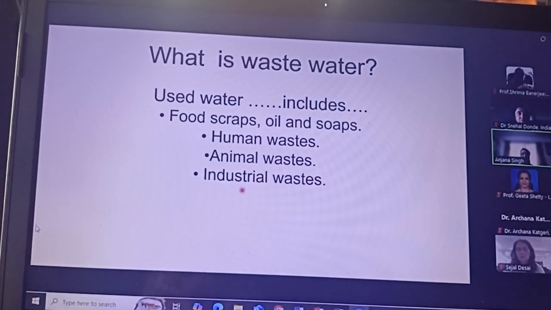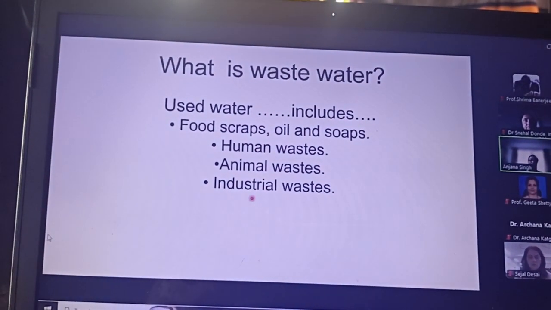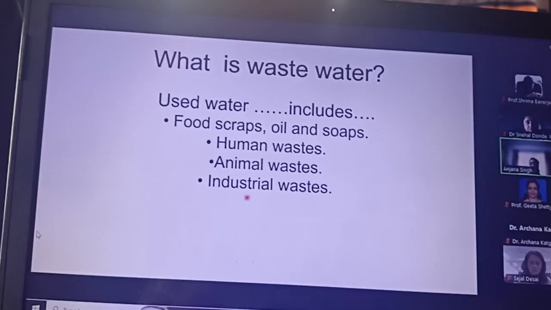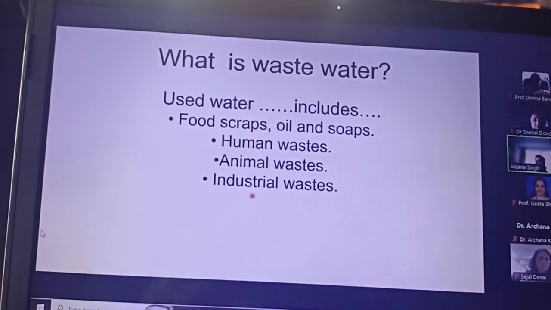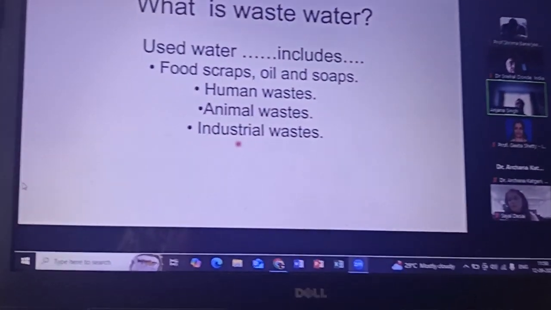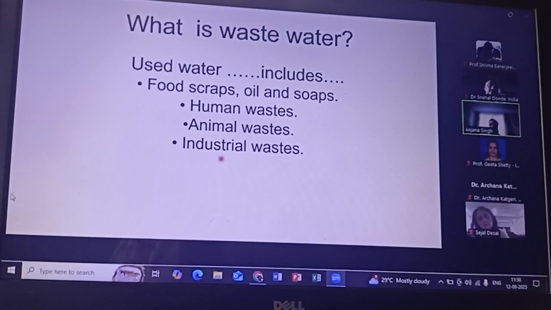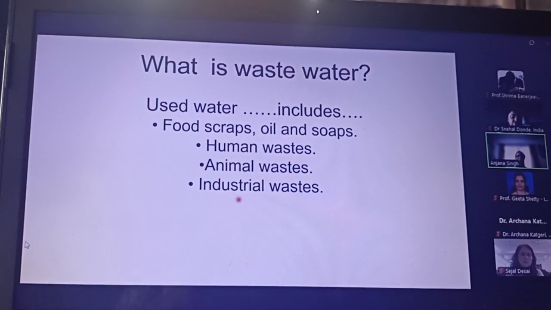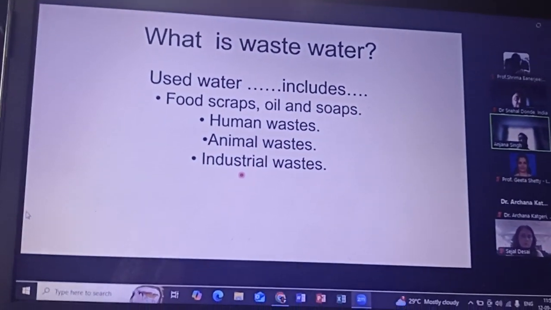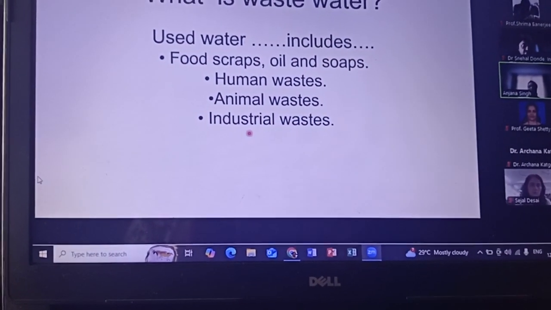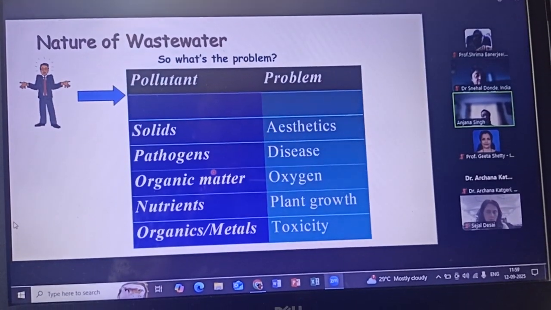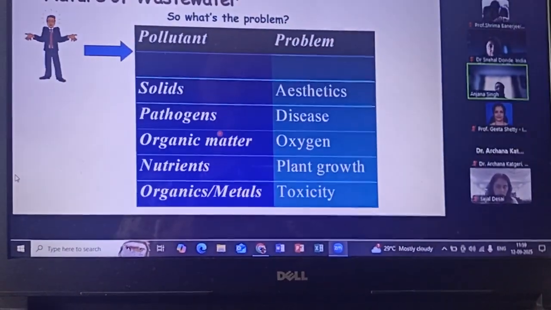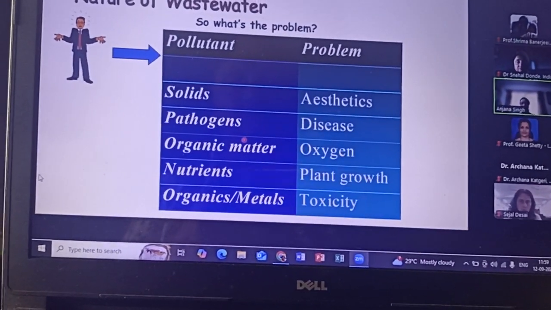When we talk of wastewater, I'm talking about wastewater and drinking water because they go side by side. These are the wastewater which has been used, and other pollutants have already been incorporated, like most of the time food scraps, oils, soaps, human waste, animal waste. When we talk about the nature of wastewater, there are pollutants and there is a problem.